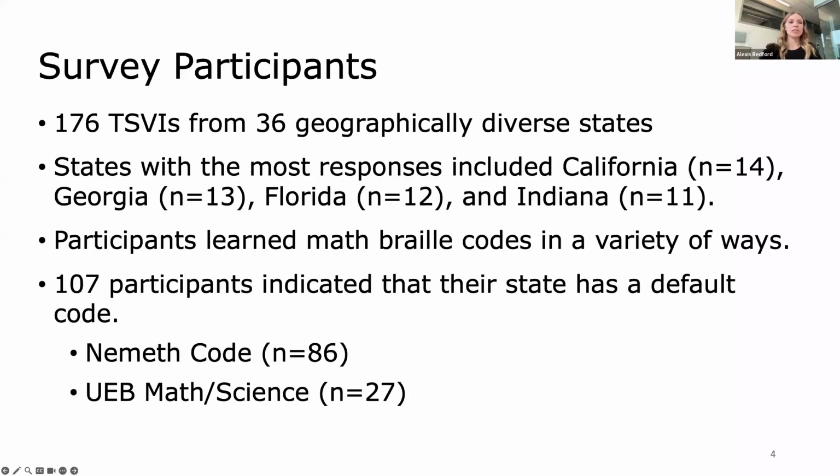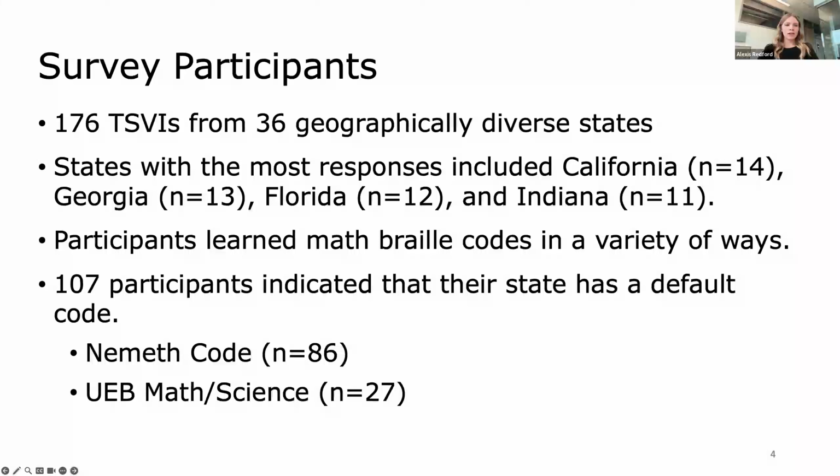Our survey participants consisted of 176 teachers from across 36 different states in the US. The states with the most responses included California, Georgia, Florida, and Indiana. We found that most TVIs sought out a variety of ways to learn one or both math Braille codes, including attending a university preparation program, district or state level training, and online resources.